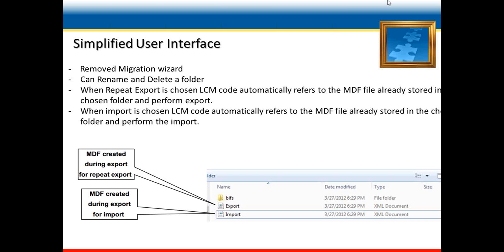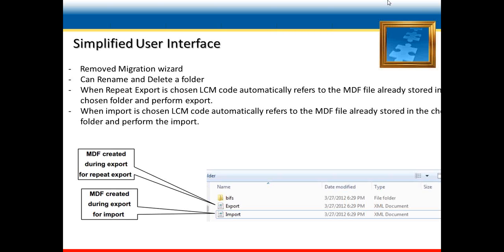In this release of EPM, or in the 1.2 release, we can rename and/or delete a folder which is under the LCM import export directories. So that is possible from Shared Services.